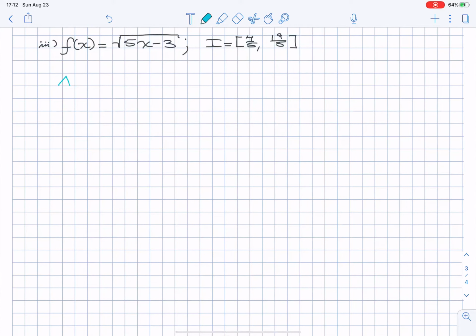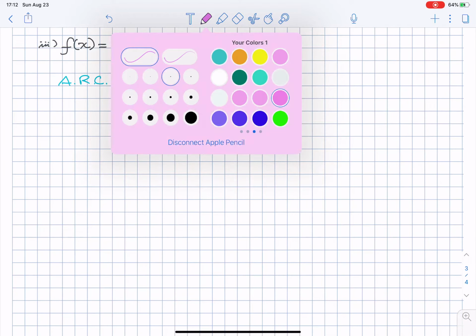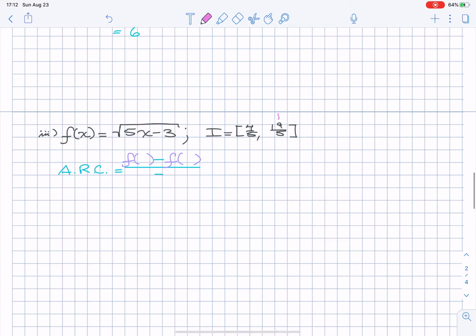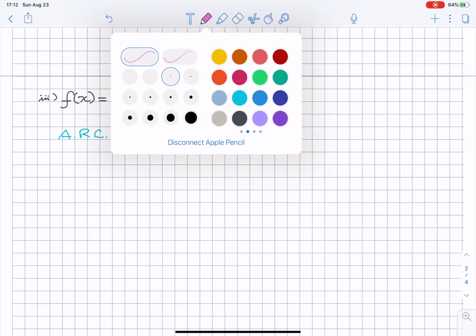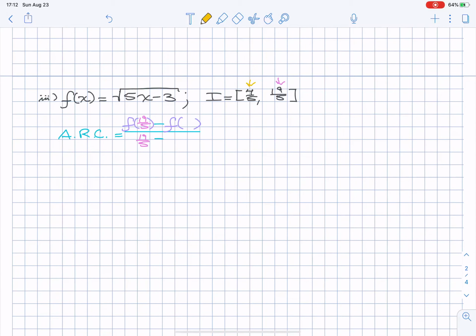Okay, so the average rate of change is going to be f of b minus f of a all over b minus a. Okay, so that's f of the second coordinate minus f of the first coordinate all over second coordinate minus first. So the second coordinate is 19/5, and the first coordinate is 4/5.